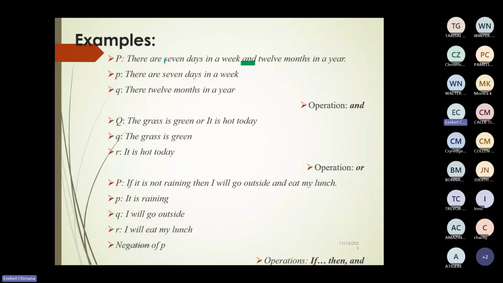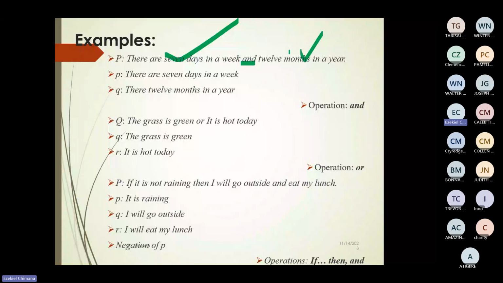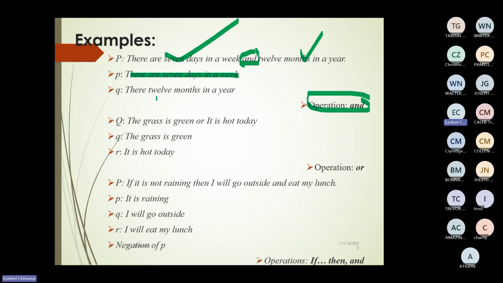This is a compound statement which comprises this statement and this statement, and we are joining them using the logical AND operation. The first statement is "There are 7 days in a week," and you are joining it using the AND operation with "There are 12 months in a year."